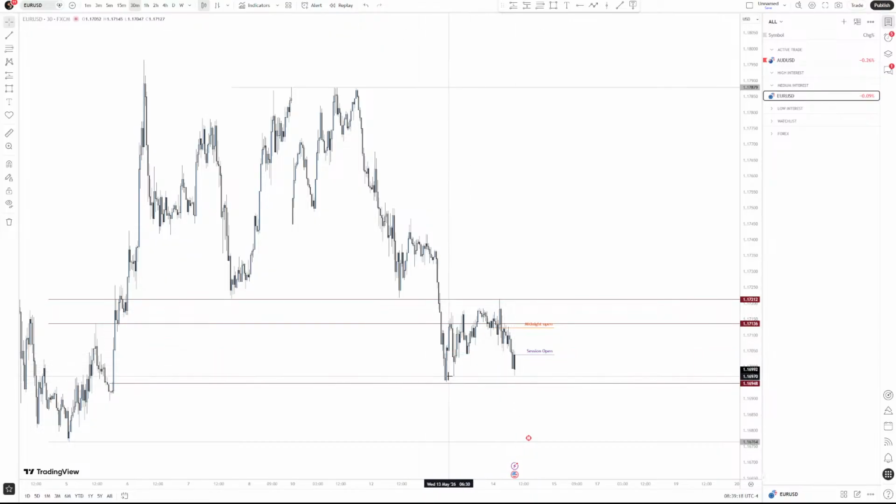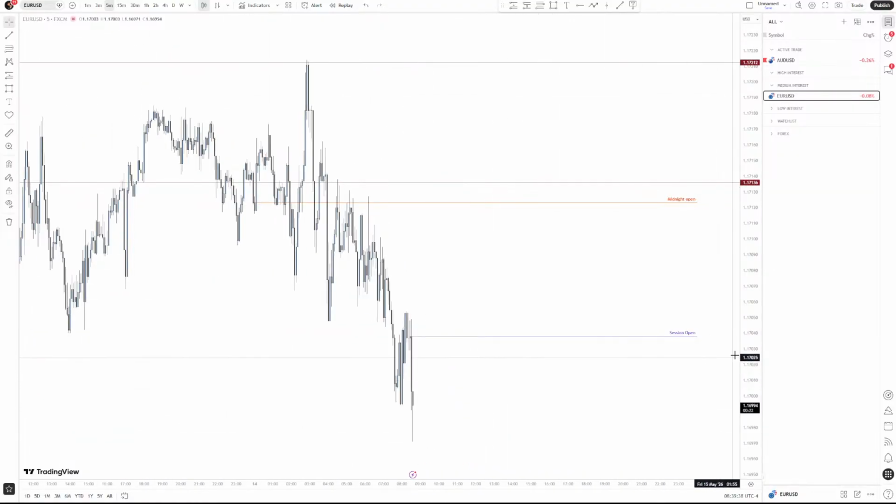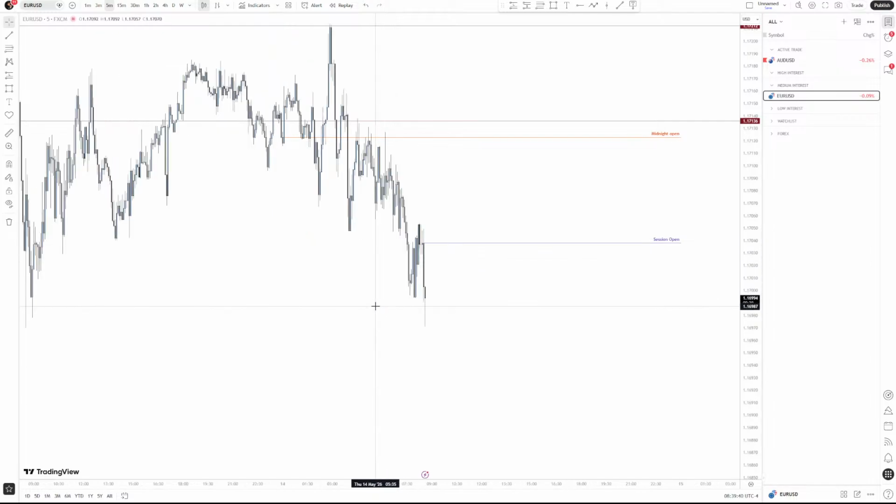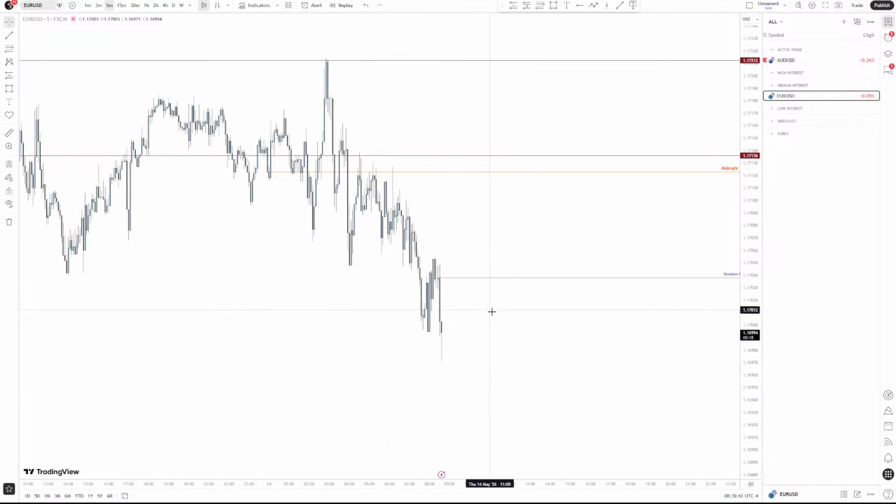And that kind of gave the push to retest this daily fair value gap up here, and we're now dropping. And that should be able to take us down here. On the session open, we have pushed down a little bit, but we'll be looking for sells.